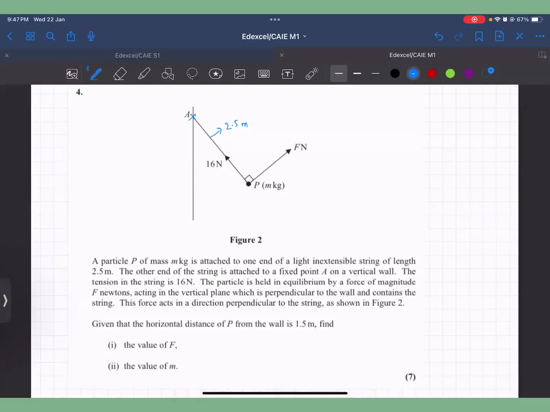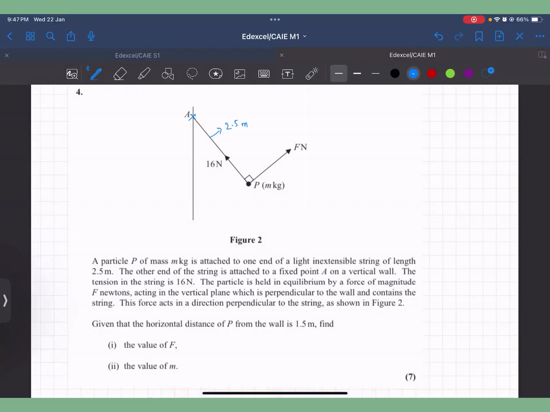The tension in the string is 16 Newton. The particle is held in equilibrium by a force of magnitude F newtons acting in the vertical plane, which is perpendicular to the wall and contains the string. This force acts in the direction perpendicular to the string.